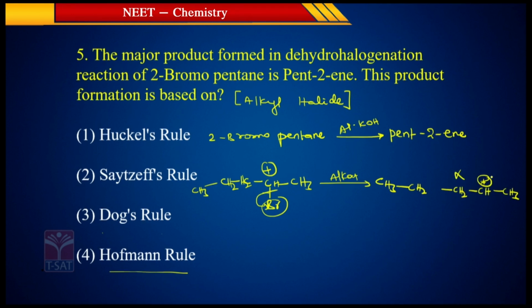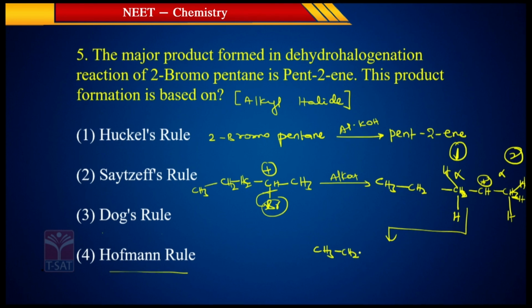So these 2 are alpha carbons. From the alpha carbon, hydrogen is eliminated. See, for example, here 1 hydrogen is there. Here 2 hydrogens, and CH3 means here 3 hydrogens. If hydrogen is eliminated from the first carbon, what product will you get?